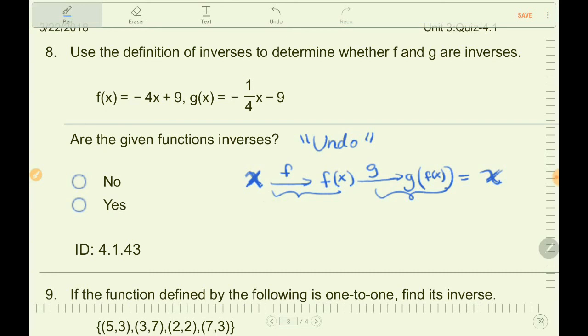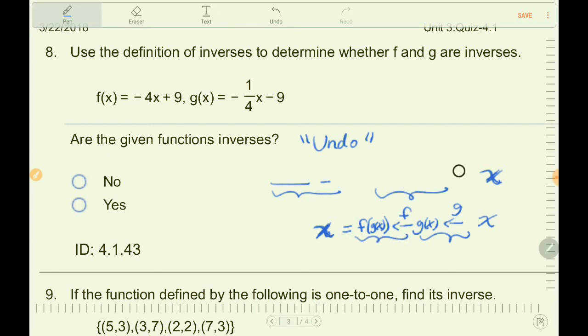And that should work the same way if they're inverses, meaning that if I start going the opposite direction and say, let's take x and pass it through g, so I'll have g of x, and then I'll pass that through f and get f of g of x, and then that will give me x. So again, the work that is done here by g gets undone by f here, and we end up back at the same x value.